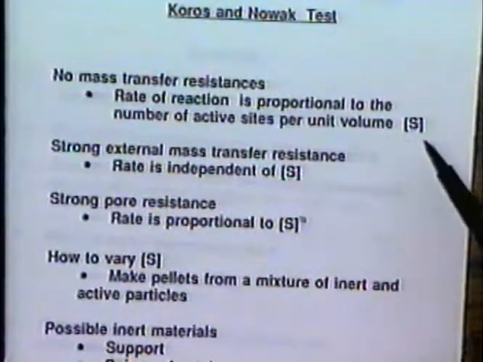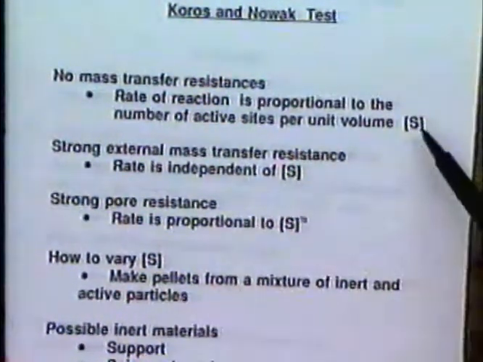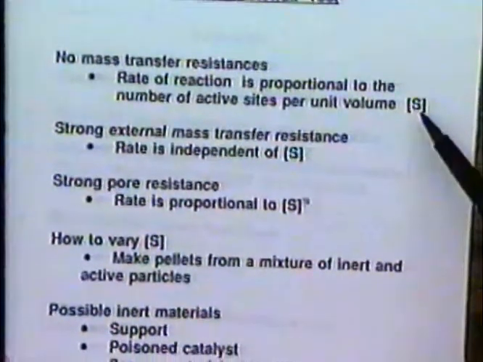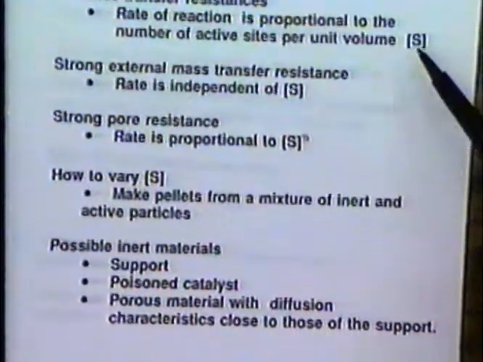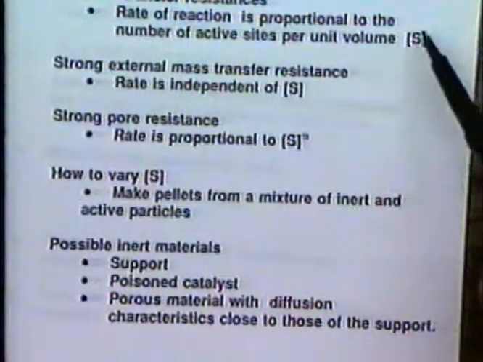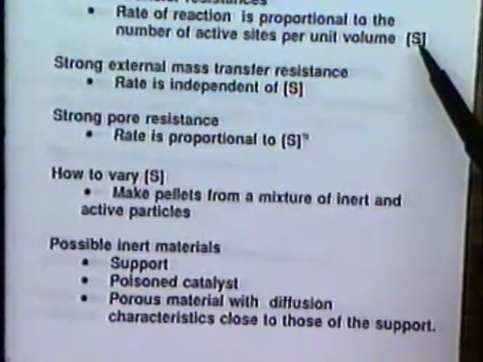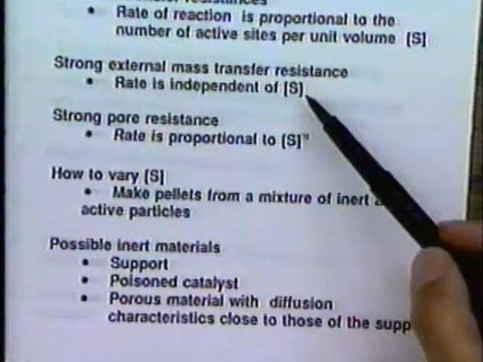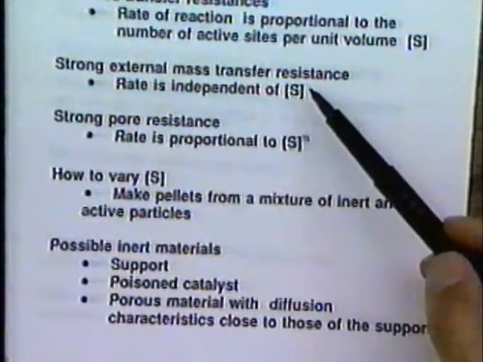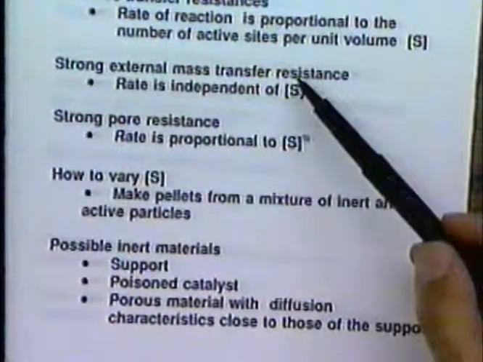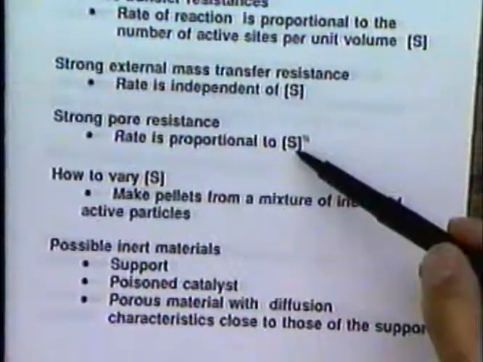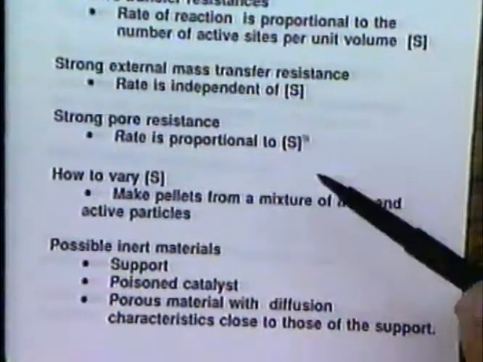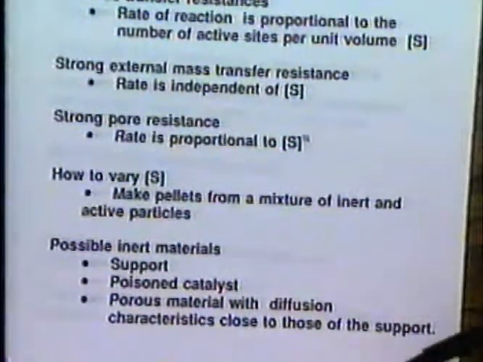We run the reaction with several values of S, and we look at the dependence of the rate on S. If it is proportional to S, we know that there is no mass transfer resistance. If it is independent of S, we have external mass transfer control. And if it is proportional to the square root of S, we have an internal diffusion controlled reaction.